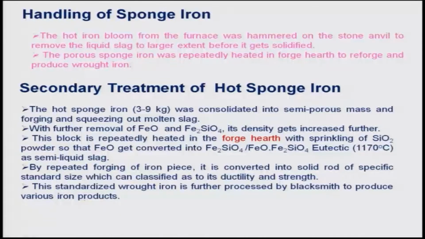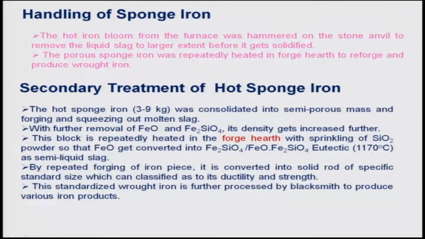That means this sponge iron will be converted into wrought iron by heating it and also applying force. The secondary treatment of hot sponge iron is done in the following way: hot sponge iron of something like 3 to 9 kg was consolidated into a semi porous mass and forged, squeezing out the molten slag.